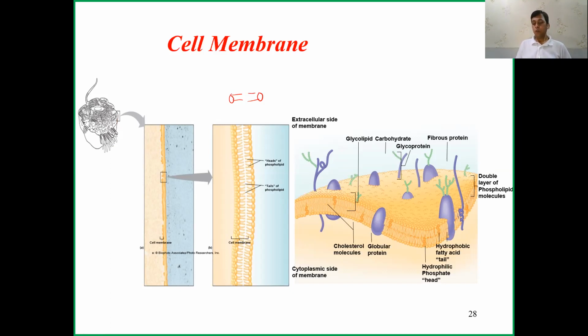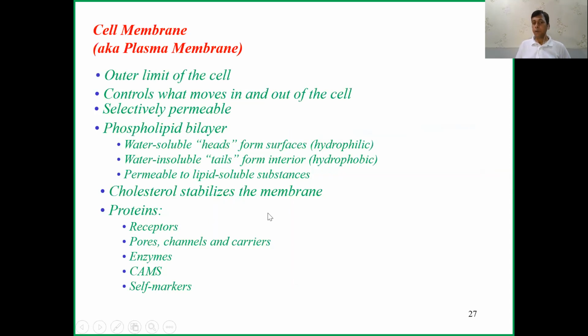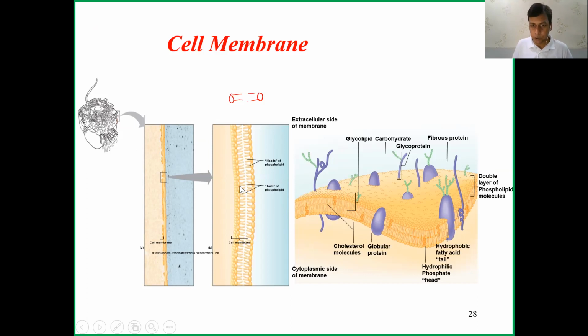Cholesterol stabilizes the membrane. In between the phospholipids, the cholesterol sits over here. Here you can see some structure like this, bent. This is about saturated and unsaturated fatty acids.